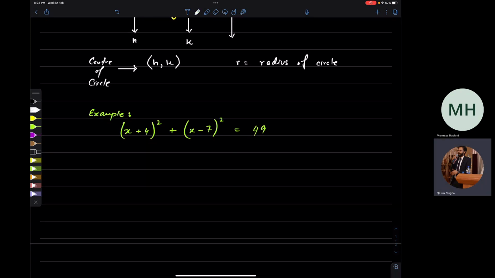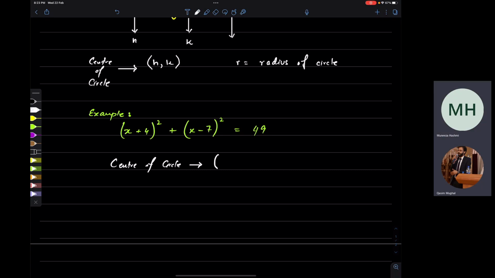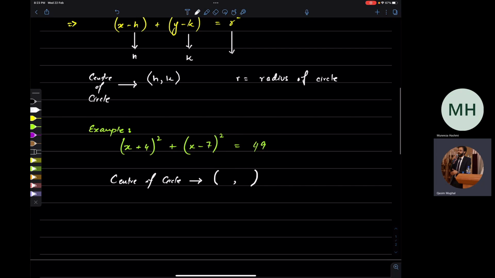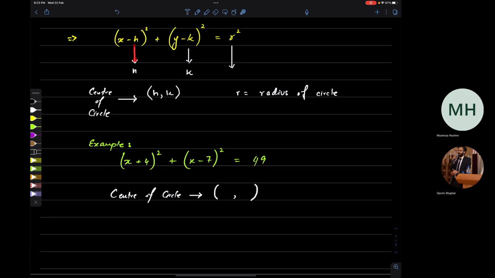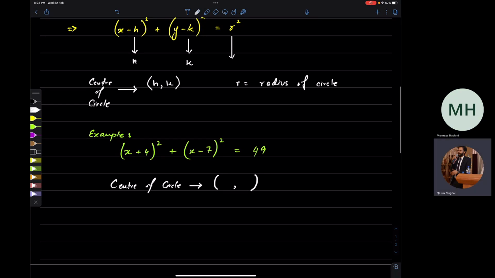Now, if I ask you what are the coordinates of the center of the circle, can you tell me? Four and seven? No, you change the signs of these. It was plus 4 and minus 7, so the center is minus 4 and plus 7.